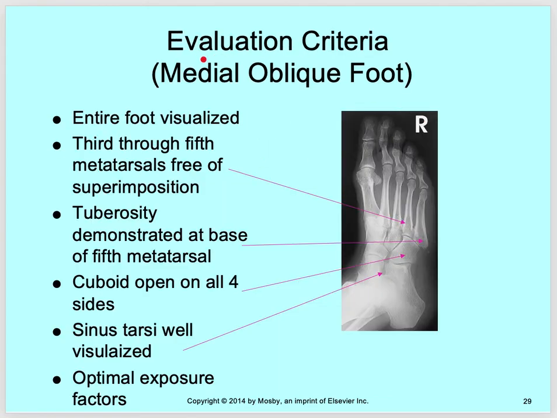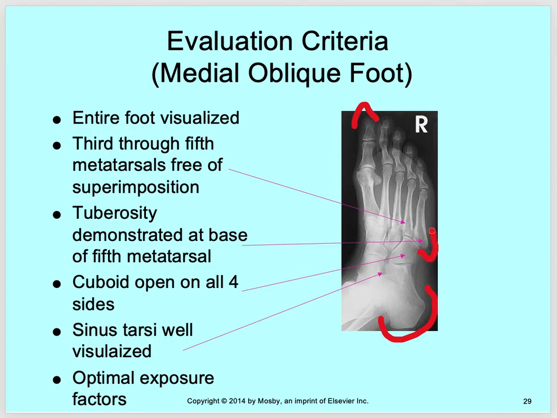So your evaluation criteria of that medial oblique, the entire foot. Once again, don't clip your soft tissue of your big toe. Make sure you include the entire calcaneus on that foot. Your third through fifth metatarsals are free of superimposition now, and the tuberosity is demonstrated at the base of the fifth metatarsal.